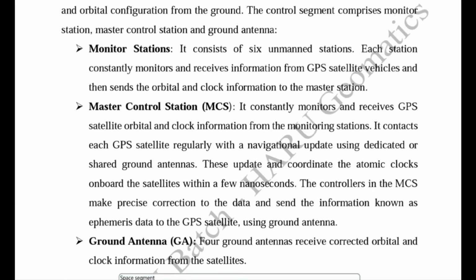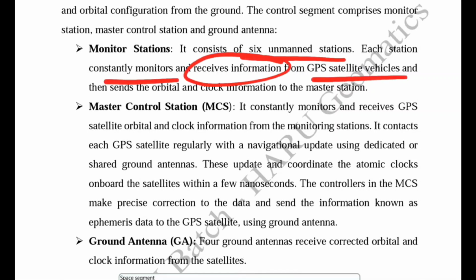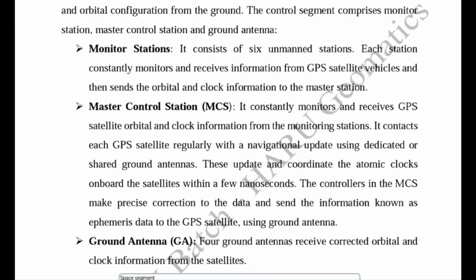So for the GPS, it consists of 6 unmanned stations, and each station monitors and receives information from the GPS satellite vehicles, and then sends the orbital and clock information to the master station. So here we can say that they monitor the satellites, but controlling is done with the help of the master control station.